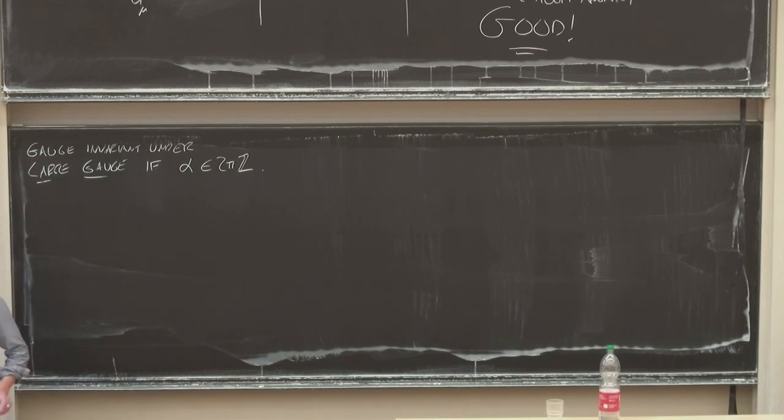Now, this is actually very bad because you see alpha is a rotation angle. If alpha is quantized as 2 pi times an integer and it's a rotation angle, then that sounds like it's really not working.